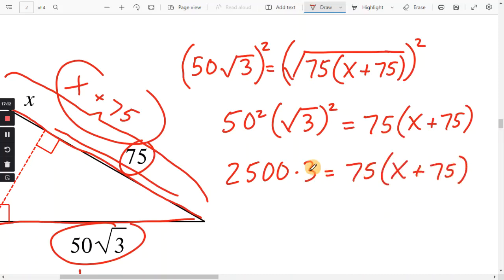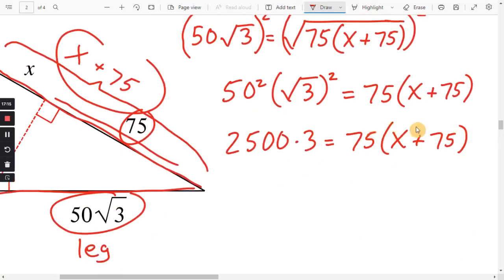Once again, just like before, you can distribute the 75 if you like, but I think we can just divide both sides by 75. It looks like it's going to divide evenly. So this whole thing is times 75. The opposite of times is divided by 75. So I'm just going to do that to both sides. Right here, it cancels. I'll do this on the calculator.